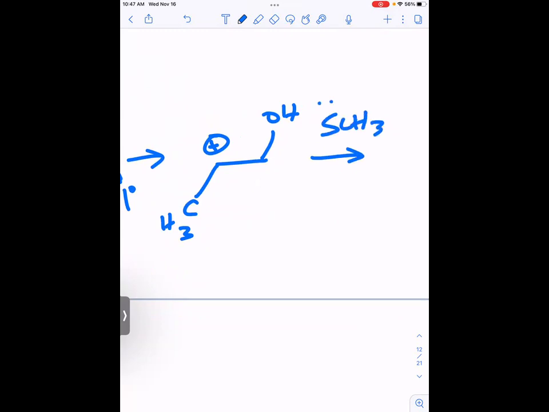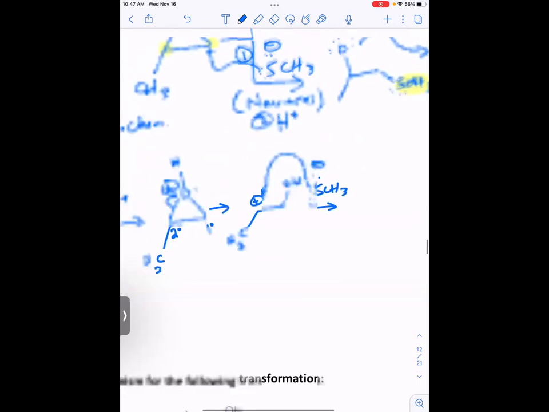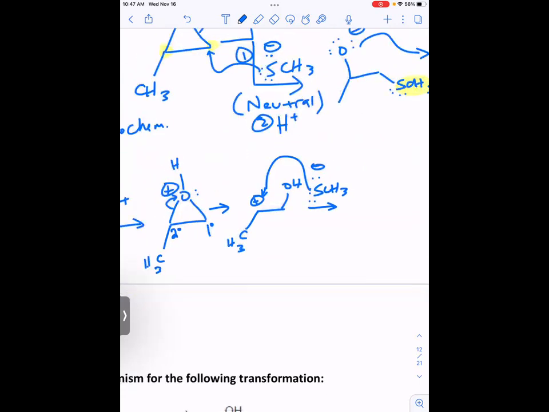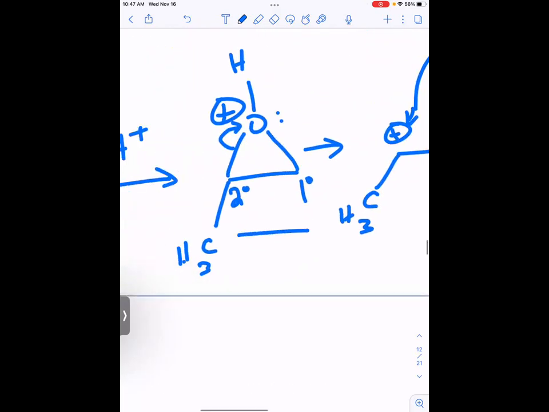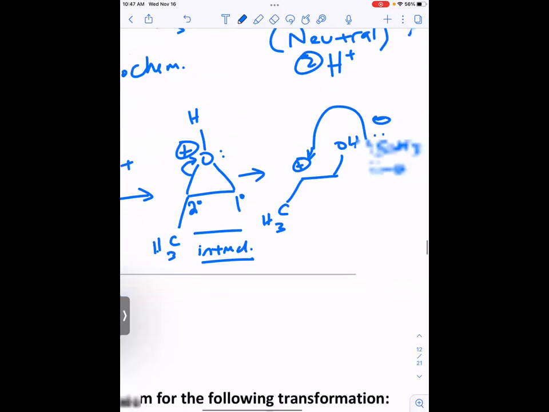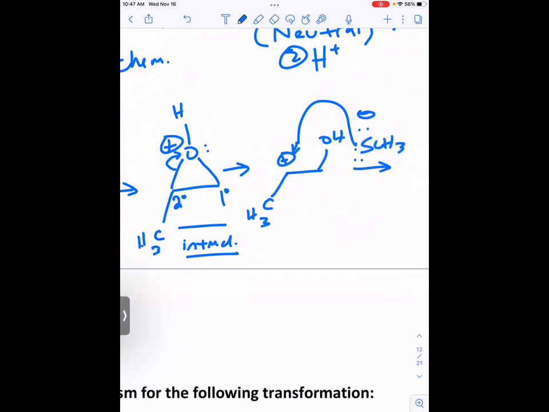That's why the regiochemistry is different, because the side that's more likely to be a carbocation is the side that's going to get attacked, right? Because if I have a more substituted carbon and I get to this intermediate right here, that ring, I can pop that ring open and that carbon is more likely to be positive, right?